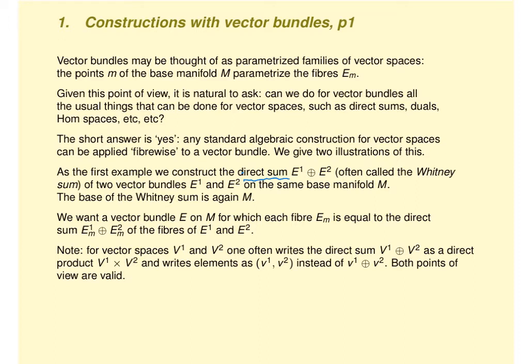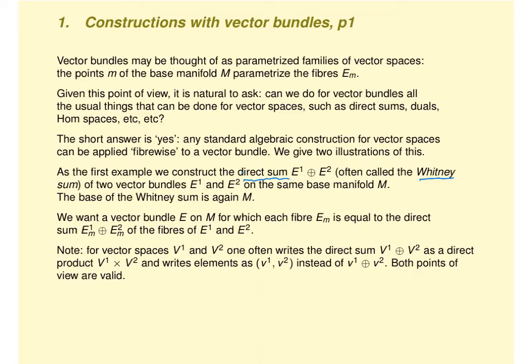And this is often called the Whitney sum, particularly when you need to emphasize that we're taking the sum of the bundles, we're taking the sum of the fibers, fiber-wise, but we're not doing anything to the base manifold. E1 is on base M, E2 is on base M, and the Whitney sum is on base M.